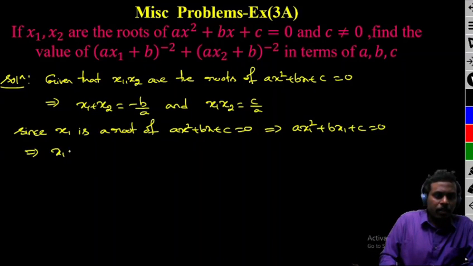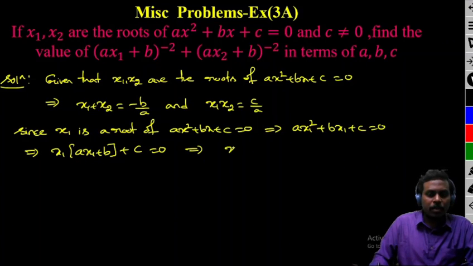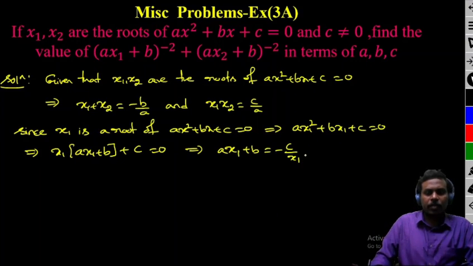If I take common x1 in the first two terms, what I get is x1 into (ax1 plus b) plus c is equal to 0. This implies ax1 plus b is equal to minus c divided by x1. Here you can write x1 in the denominator.